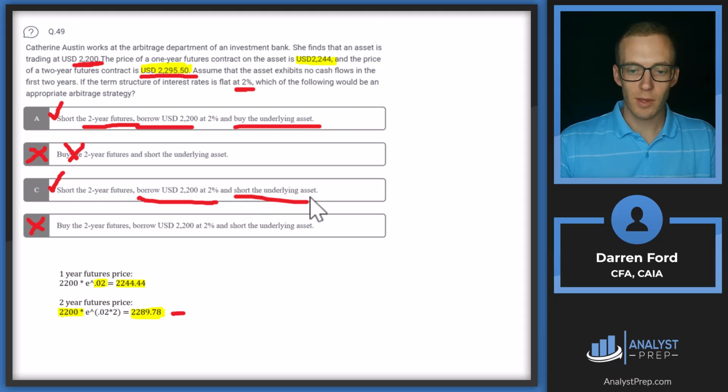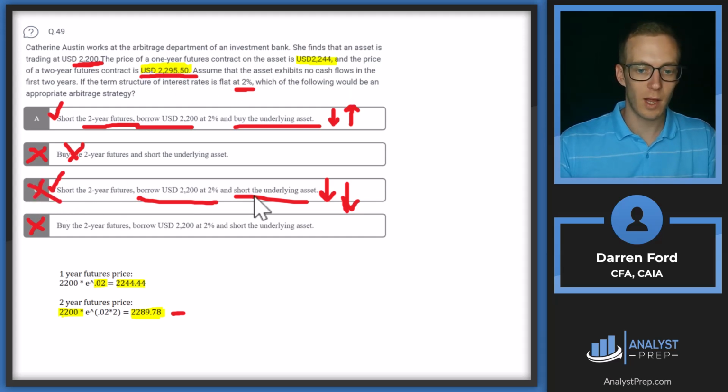If we short the underlying as well, we're basically double short the asset. It can't be a true arbitrage strategy if we're short in both directions. To make a risk-free profit, we would have to be short one and long the other in order to hedge out those positions and make that $6 spread that we identified.